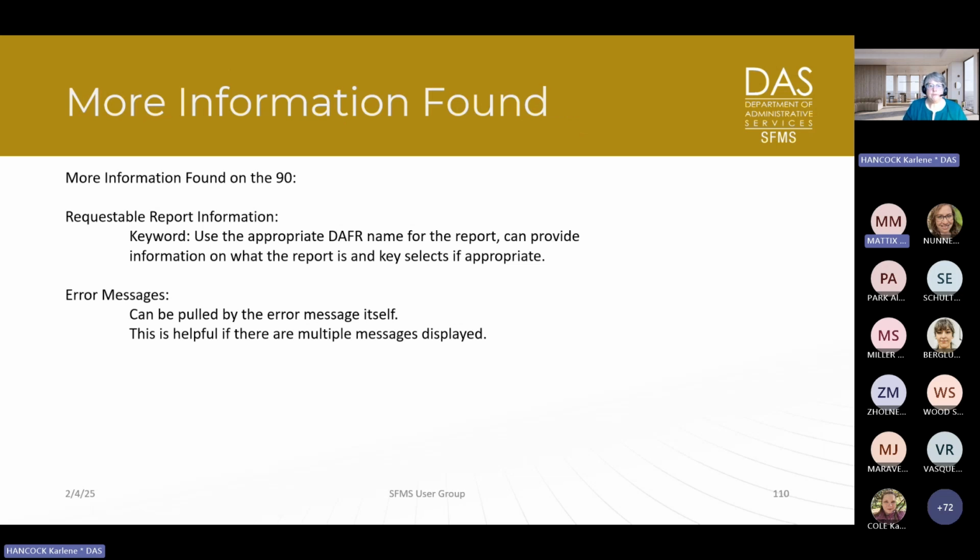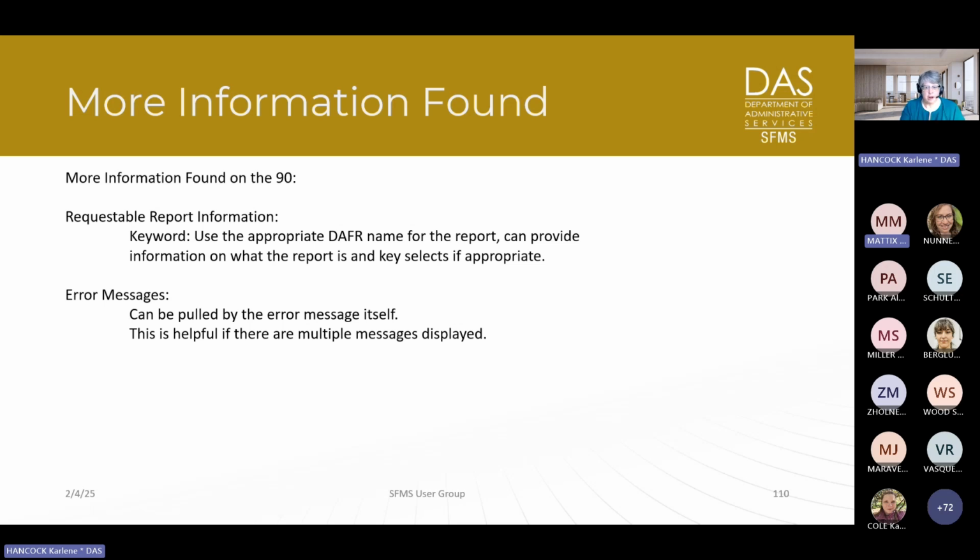There is more information to be found on the 90 screen. These are just some of the things I think are handy for us as accountants to know. But like I said, you can find out more information about requestable reports by using the keyword and the report being requested.